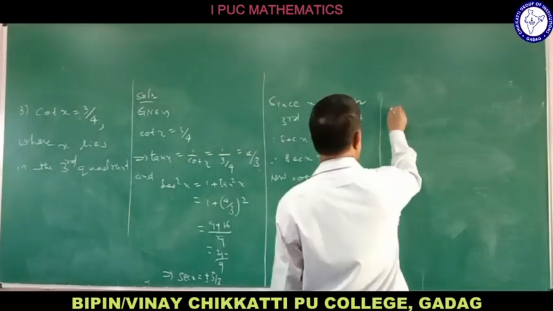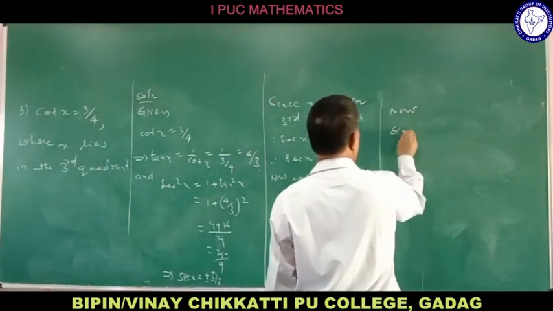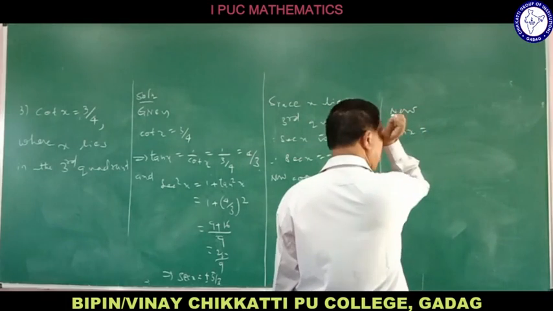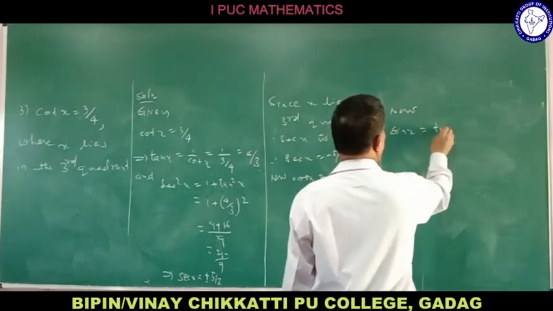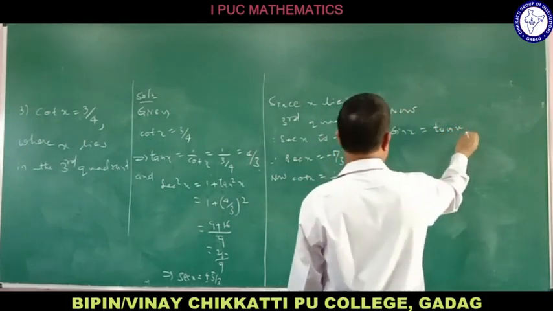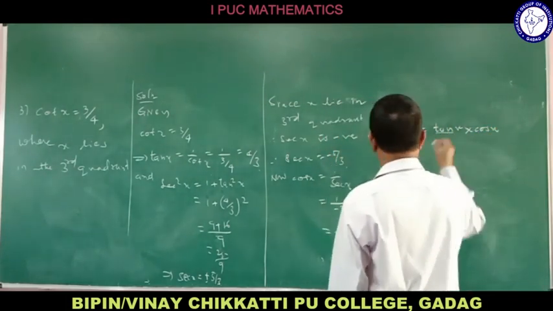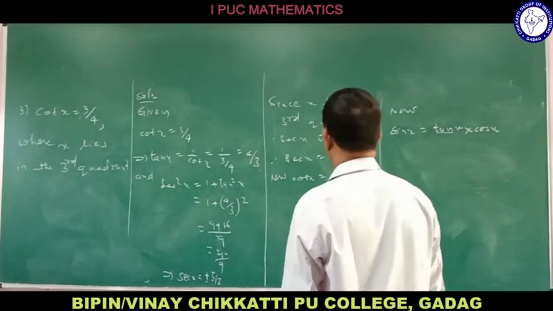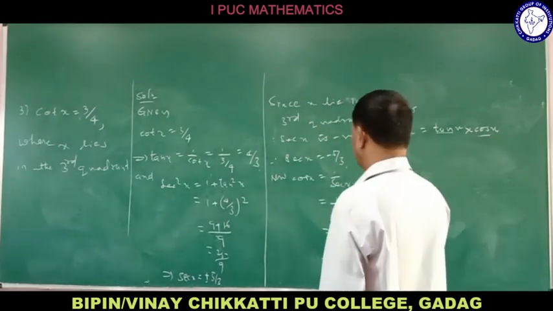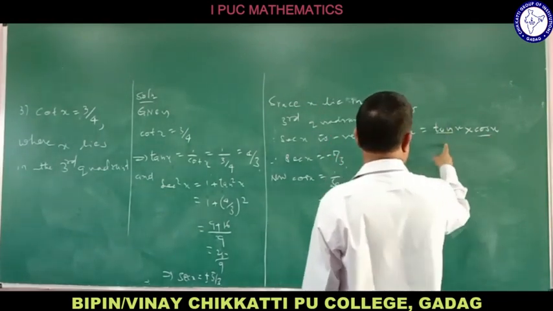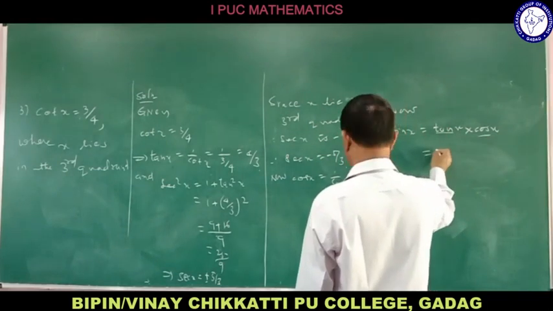So here you try it in a simple way. Sin x is equal to, try to understand, tan x into cos x. Because we know the value of tan x. Yes, we know the value of cos x. Yes, so sin by cos, and automatically tan x is how much?